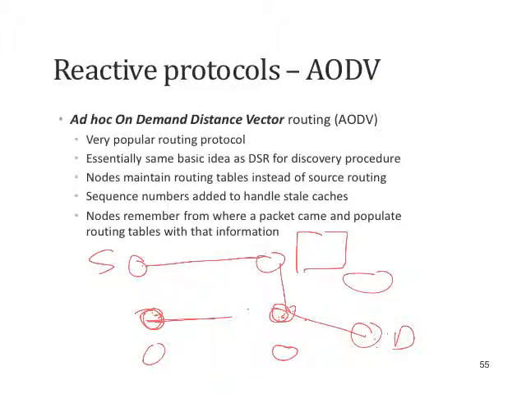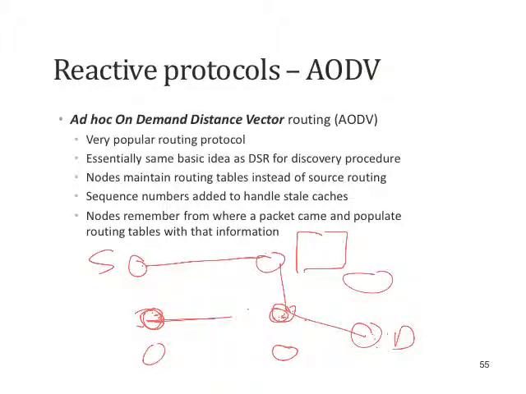So if this node tells you that I already have a cost to D, and this cost is X, then you have to decide whether I should keep flooding or I stop flooding. Chances are, by the time you receive the request from this node, you will have received some other replies from partial flooding in other parts of the network.